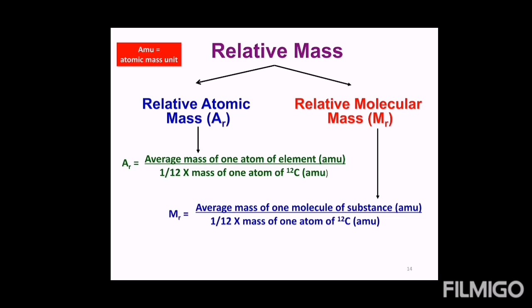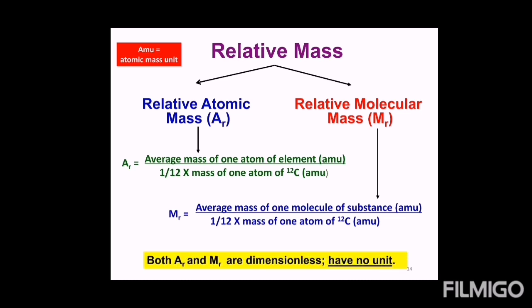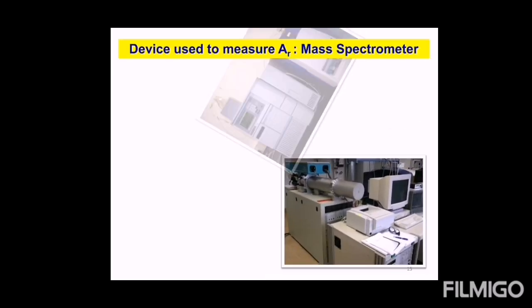So you all should know or should memorize these two formulas to calculate the relative mass, atomic or molecular. Right? And then we go to the next slide. Okay, both AR and MR are dimensionless, have no unit. Okay, so next slide.